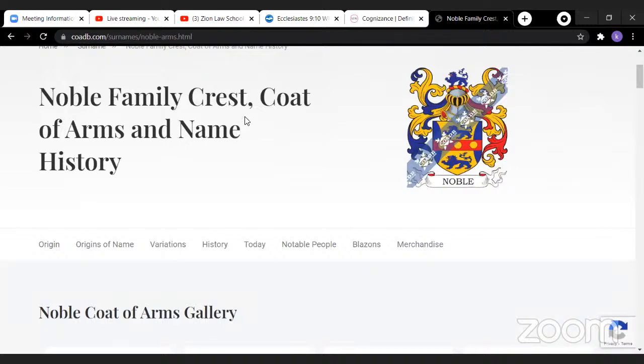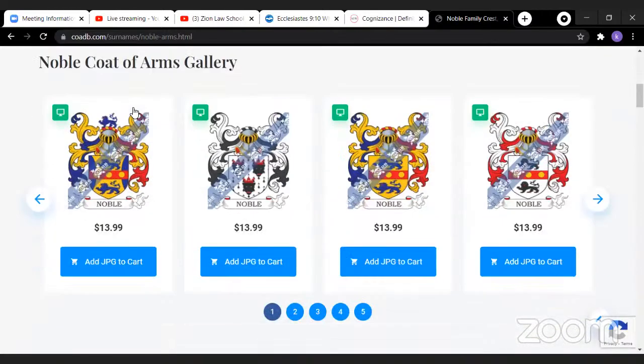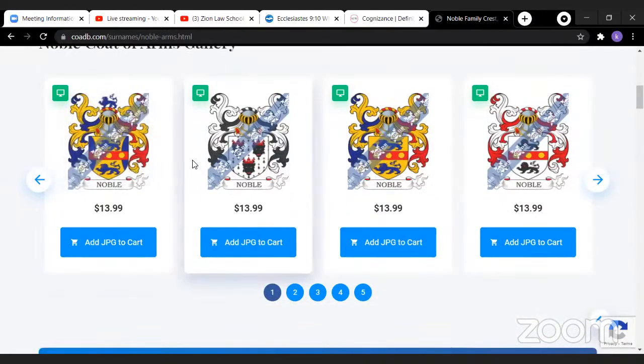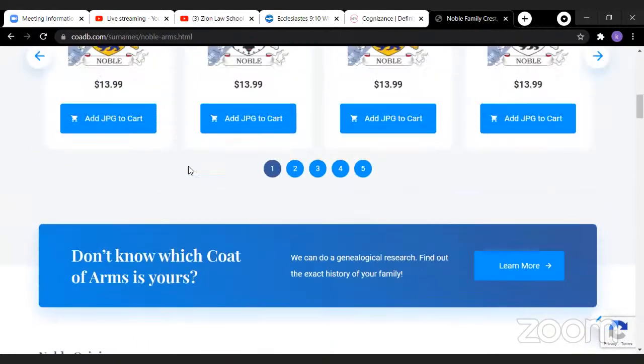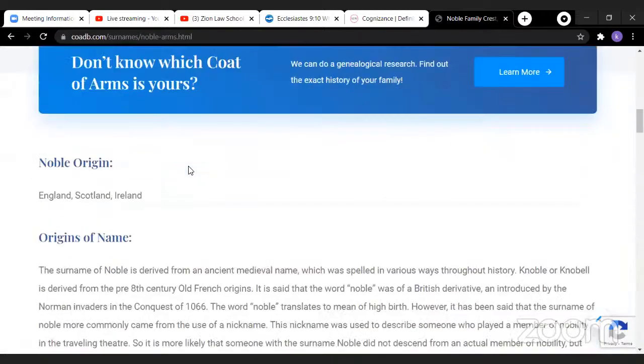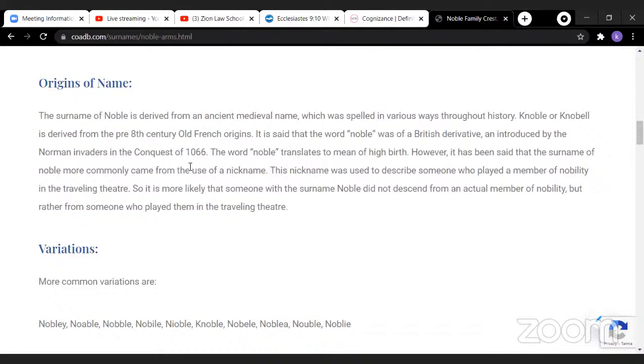Noble family, crest, coat of arms and name history. So here we are. So these, you know what? I'm gonna research this further.